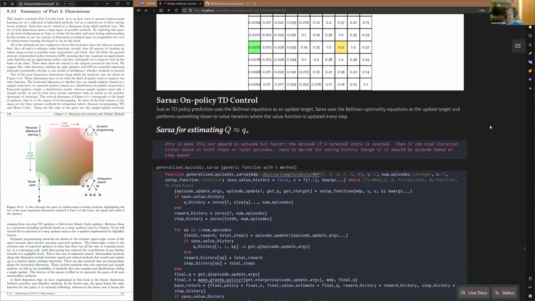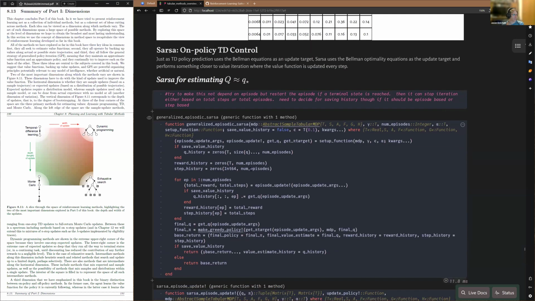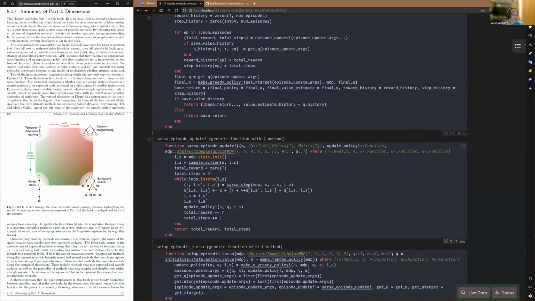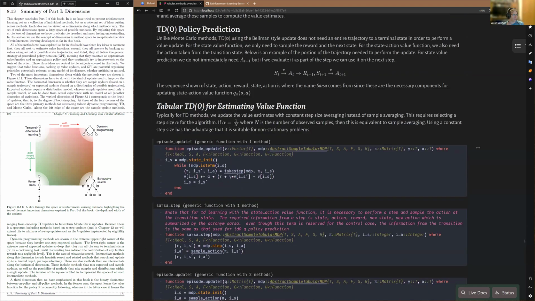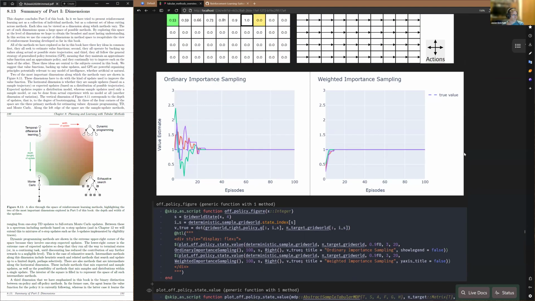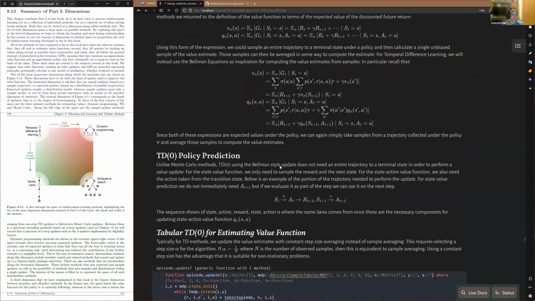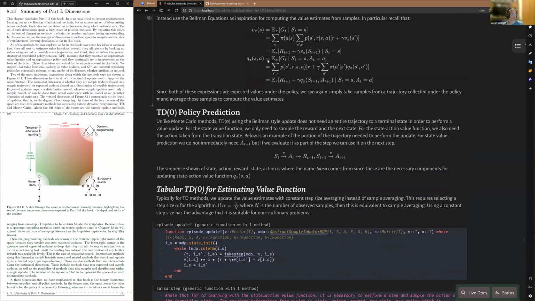But then SARSA, the idea with SARSA is to then do the same exact policy improvement, which is akin to the policy iteration that we had, except we can actually update the value function every single step. So every time we take a step and obtain this, we can perform one of these updates.